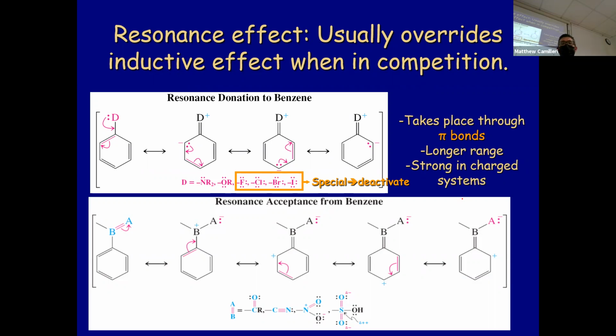But for fluorine, chlorine, bromine, and to a certain extent iodine, they are so deactivating that they will still be ortho and para-directing, but they are deactivating, and they will slow the reaction down. Why? Because even though they will push charge towards the ring, they are going to be pulling a lot more electrons towards themselves.